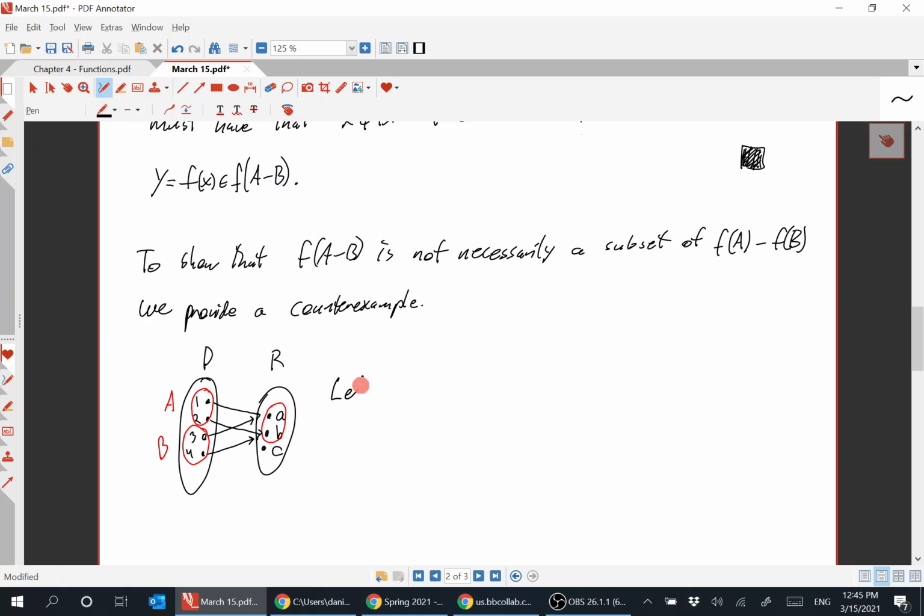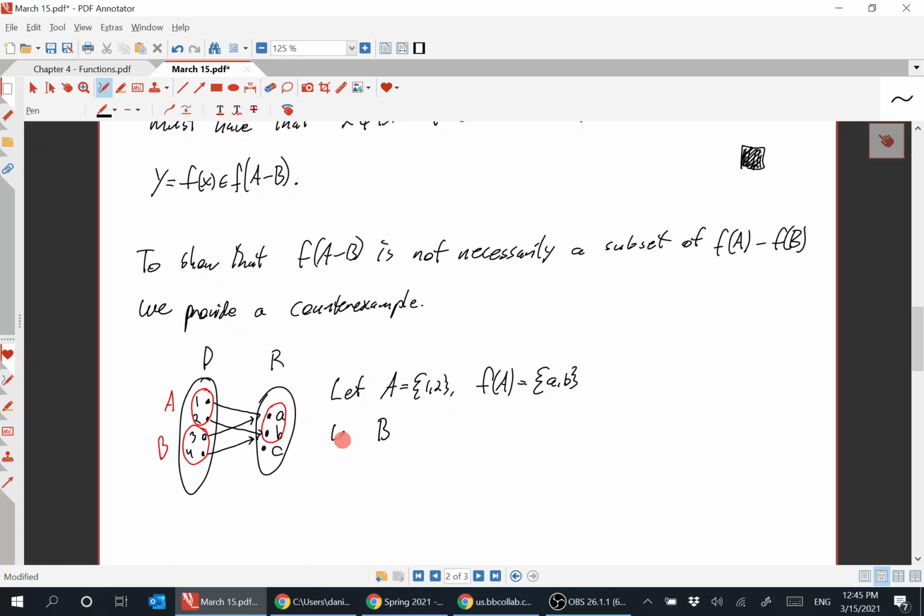Alright, so let A equal the set {1, 2}, in which case f of A is equal to what? The image of A is equal to what? Little a, little b. Yeah.